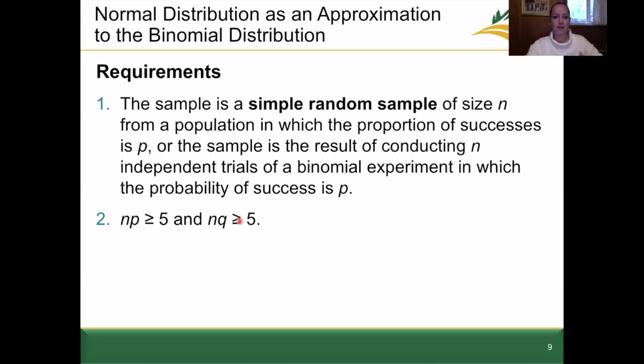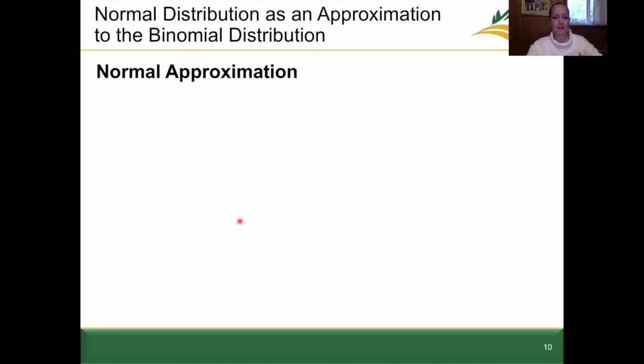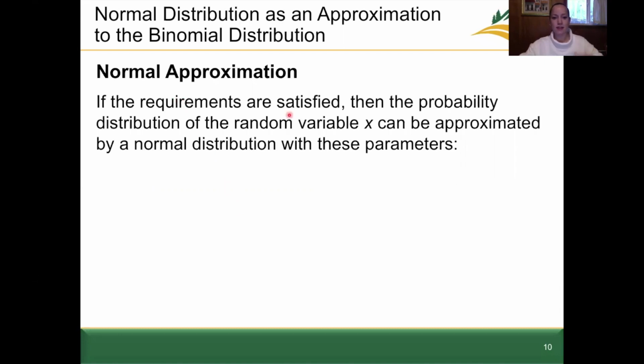If both of those are satisfied, then to approximate our data as a normal distribution, the probability distribution of the random variable x can be approximated by a normal distribution with these parameters. Those parameters are such that mu, or the population mean, is equal to n times p, and sigma, the population standard deviation, is equivalent to the square root of n times p times q.